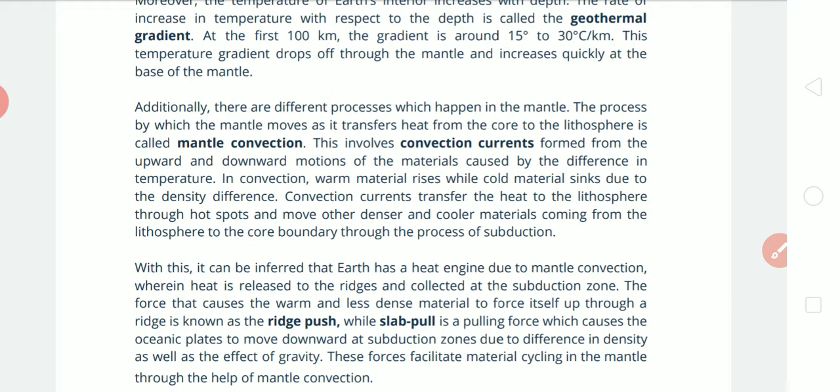So, bali, mupataas ang mga warm materials, tapos katong mga bugnaw na mga materials, it will sink. And that is mainly due to the density difference. Kasi nga, mas mabigat yung colder materials compared to warmer or hotter materials.